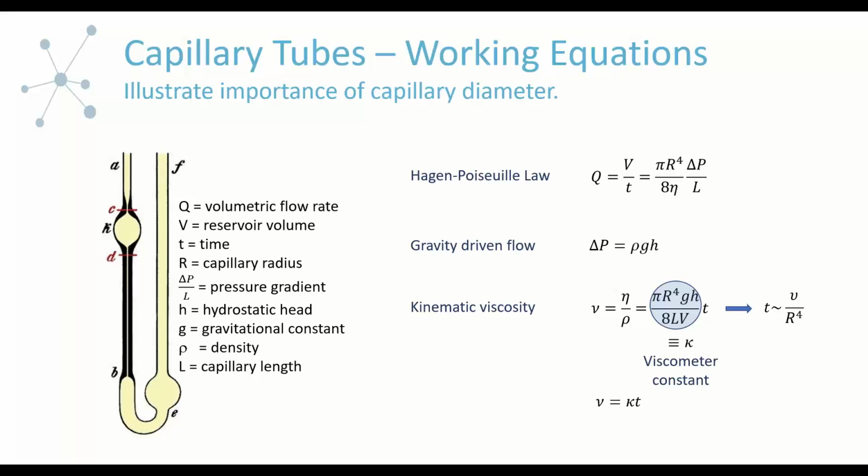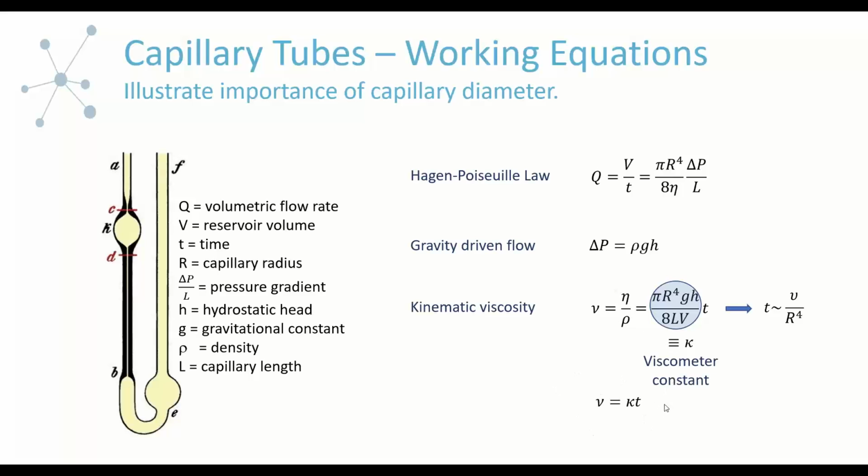And so what you want to do is pick the appropriate ratio of the kinematic viscosity to the radius to the fourth power, such that your timing is appropriate. And because it's inconvenient to try to keep track of all of these values for the particular viscometer, generally they simplify this and define this grouping as a viscometer constant.